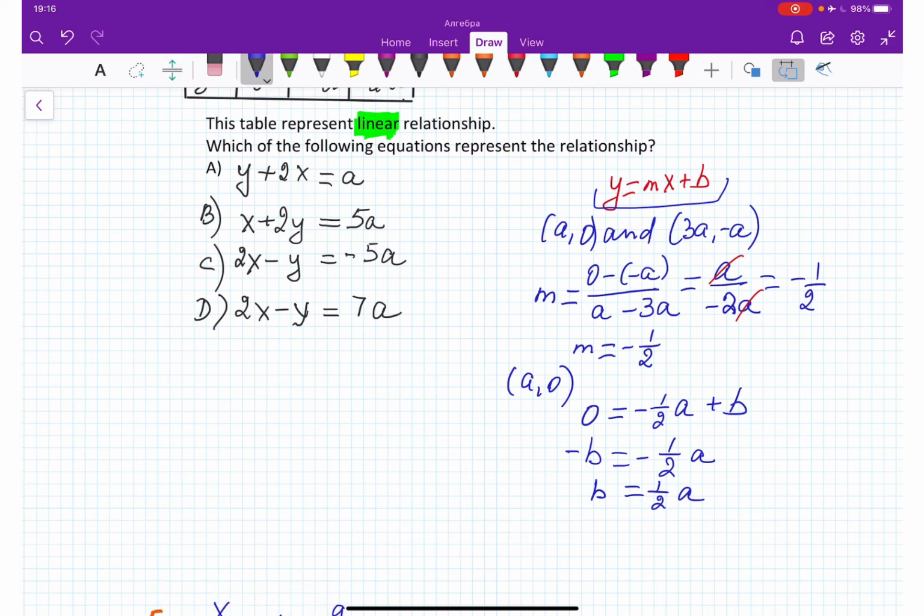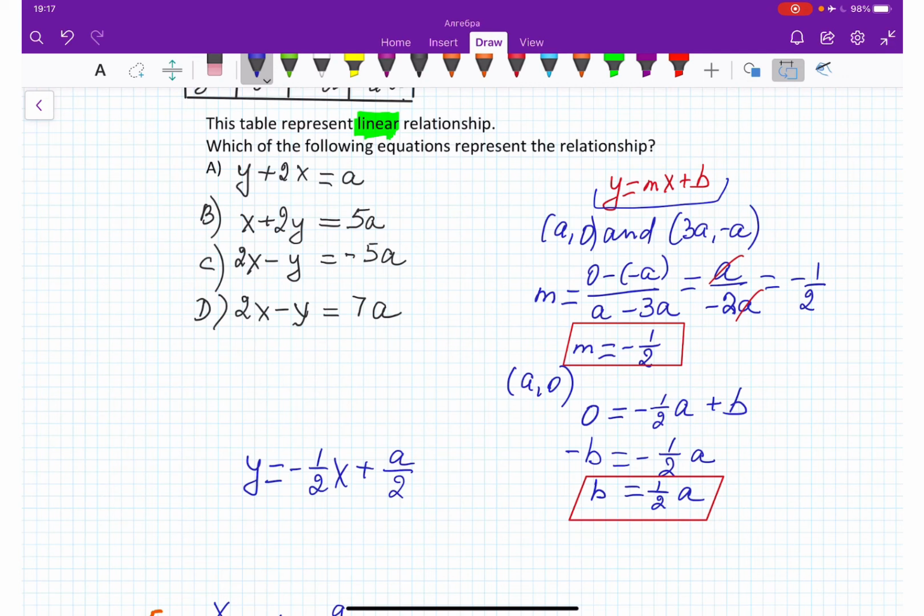And from here, we have b also. My equation is going to look like y is equal to negative 1 half x, because we have m right here, we figured out, right? And b is equal to 1 half a, or a over 2. So it's going to be negative 1 half x plus a over 2.